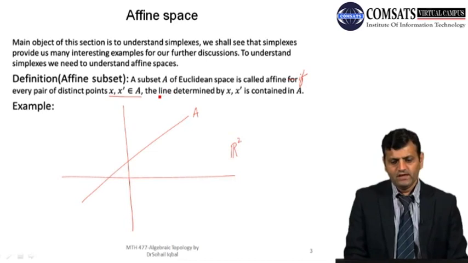If I take any 2 points from this set A, let's say this point and this point, then the line determined by these 2 points is contained in A, because the line determined by these 2 points is in fact this set A, and it is totally contained in A. Similarly, I can take any other 2 points and the line determined by this is exactly A, which is contained in A. So we can say that this line A in R2 is an affine subset.